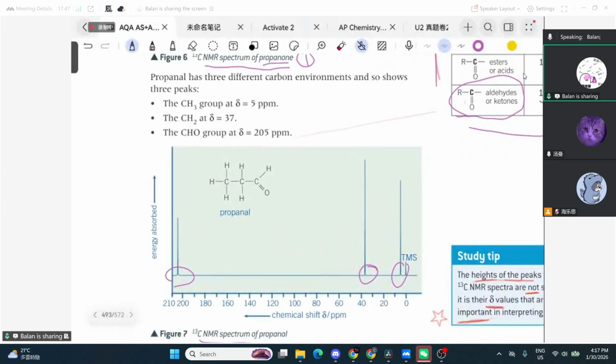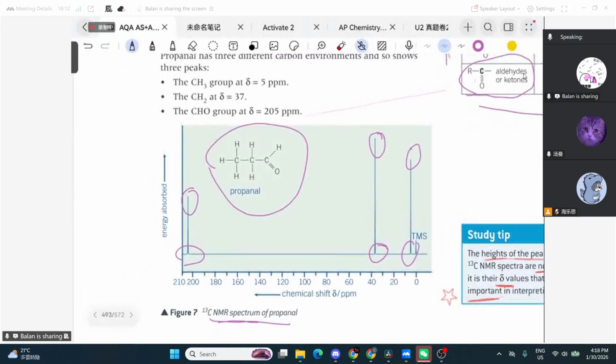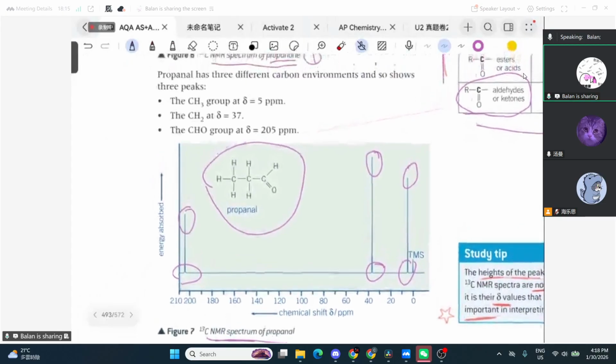So this is propanone. And next, let's see propanal. Its carbon-13 NMR spectrum looks like this. How many peaks? 3 peaks. So relate to the displayed formula: how many different carbon atoms in different environments? CH3 is one, CH2 in the middle is another, and CHO.